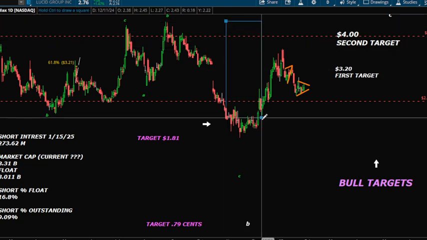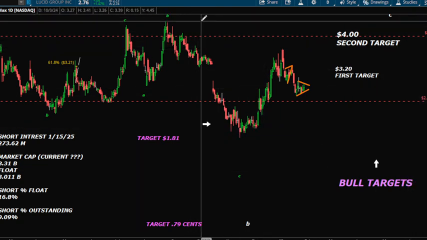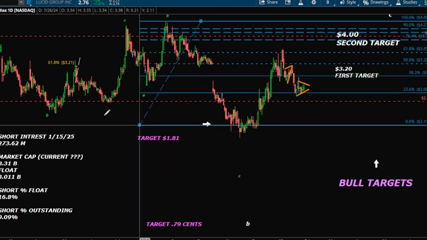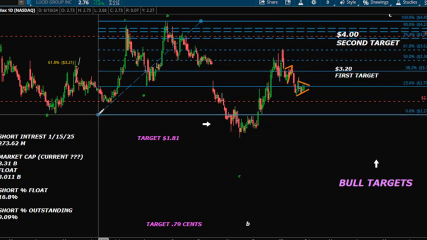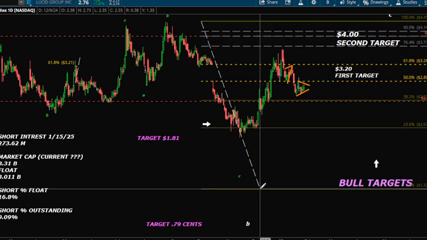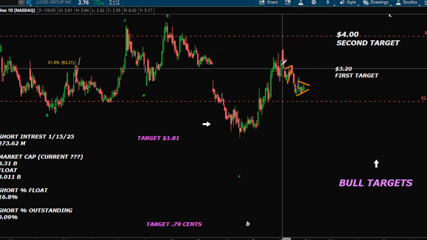that was based off, let me get the fib out here real quick. Oh yeah, 61.8 based off this move here, because I think this is going to be an expanding flat. So you have 61.8s for a bull case and a bear case.